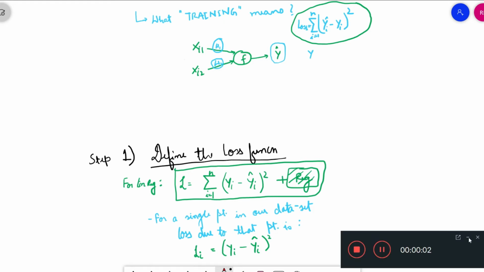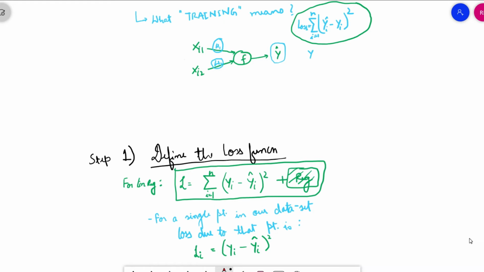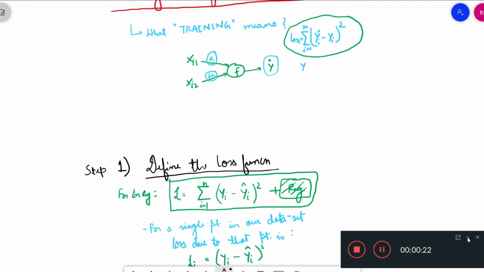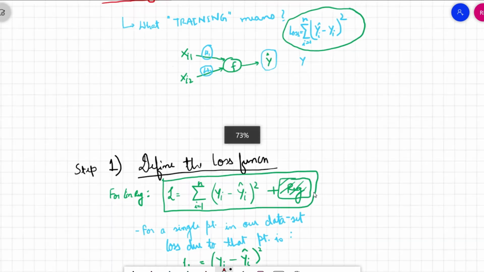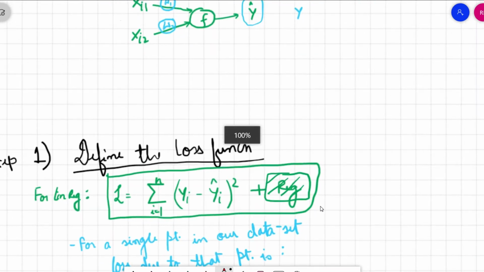Let's start with step 1, that is defining the loss function. In linear regression, as you may already know, the loss function is defined as the sum calculated over the square of differences between the actual value and the predicted target value. Also, there is a regularization part that is added while calculating the loss.